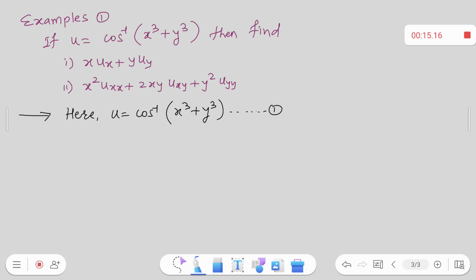Now we need to define a function on u which is homogeneous. So to remove the inverse sign, apply cosine to both sides.